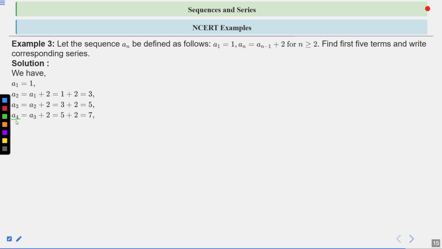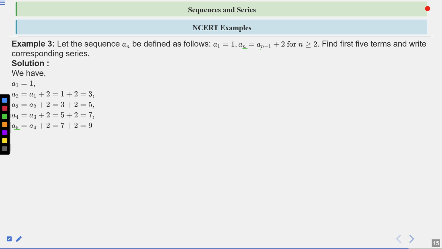Now a4, the fourth term, plug in 4. So a4 is a(4 minus 1), which is a3, plus 2. a3 is 5, so 5 plus 2, meaning 7. So the fourth term is going to be 7. a5, the fifth term, plug in 5.